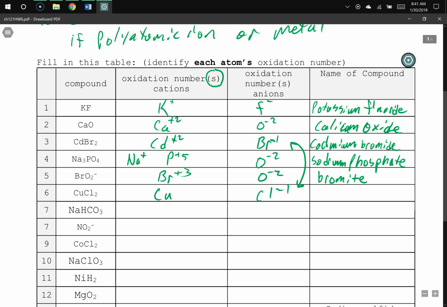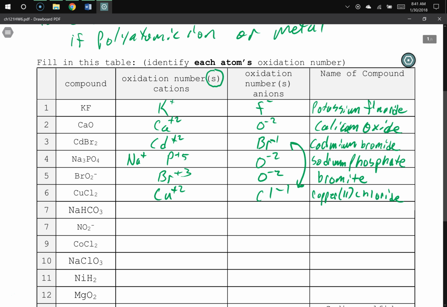So it's -1, -1. So now what's the charge on the copper? +2. So since I didn't know because the charge is variable, what do I need to call this? Copper 2 chloride. Okay.